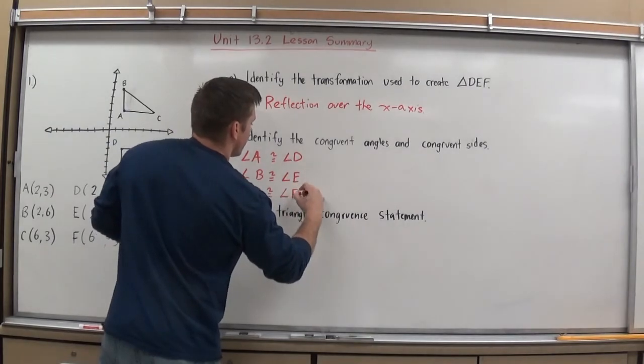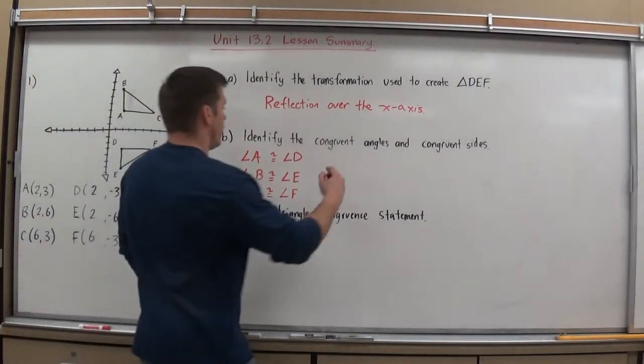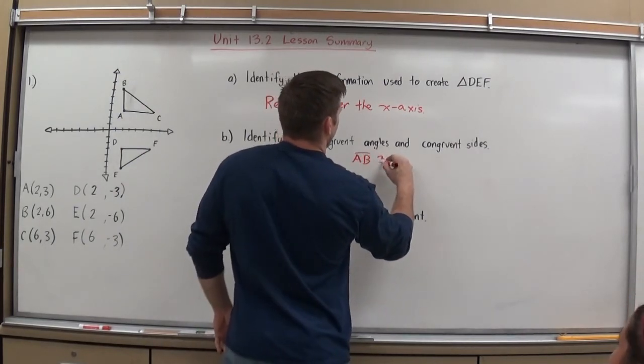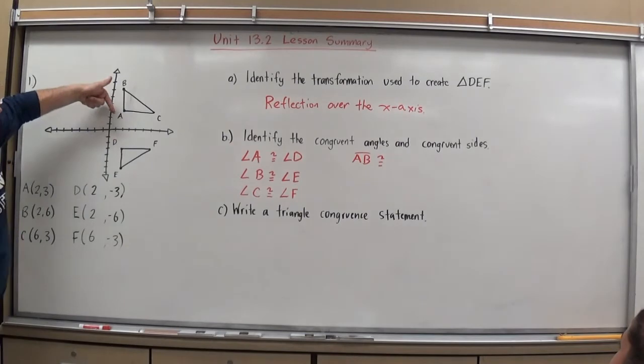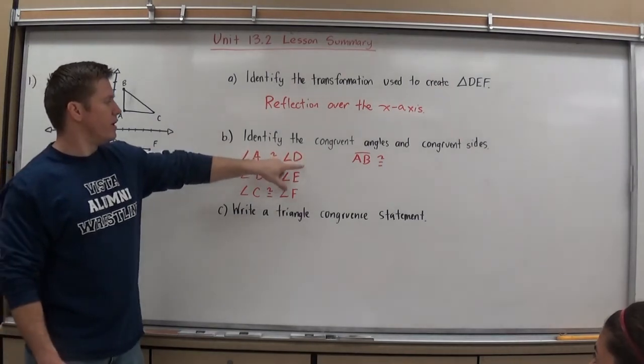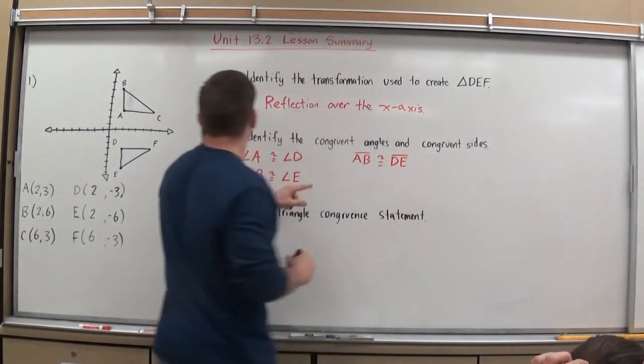As for the corresponding sides, it's a lot easier to write once you have the angles. So I have a segment AB, that's my vertical segment. It's going to be congruent to what appears to be DE, which you have to write the right way, so I want to make sure they match. AB, DE, I have to keep the consistent order.